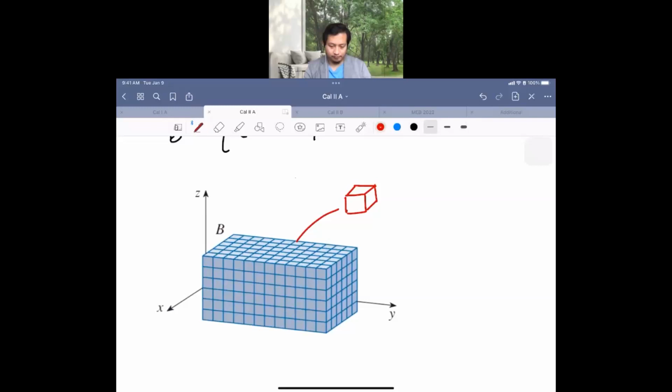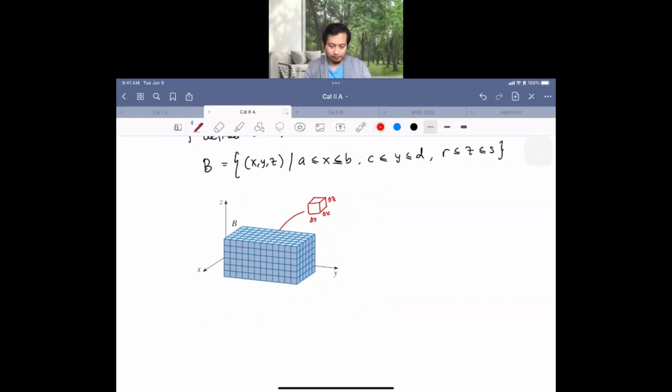So we slice into small boxes, and we can say that this box has sides delta x, delta y, and delta z, right?